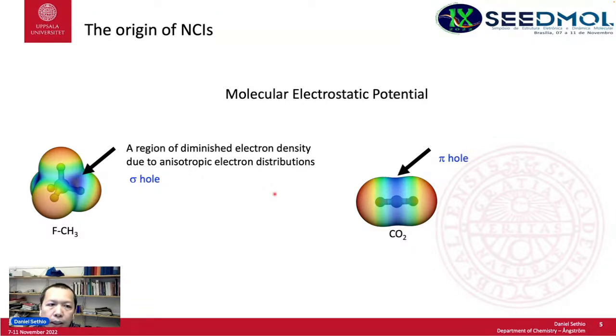Due to the anisotropic distribution of electron density, there is a region with diminishing electron density, and this region possesses a positive electrostatic potential. If this positive electrostatic potential exists in the elongation of a sigma bond, it's called a sigma hole, and in a pi bond, it's called a pi hole.